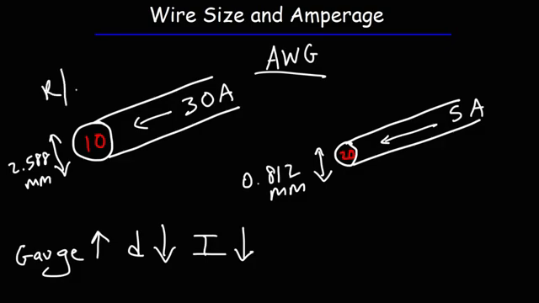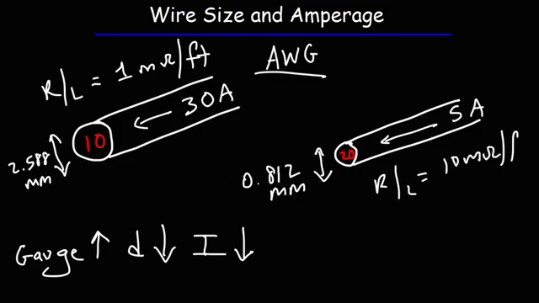The resistance per unit length of a wire with a size of 10 is 1 milliohm per foot, whereas the resistance per unit length for a wire with a size of 20 is 10 milliohms per foot. So as the wire gauge increases in value, the resistance per unit of length increases as well.